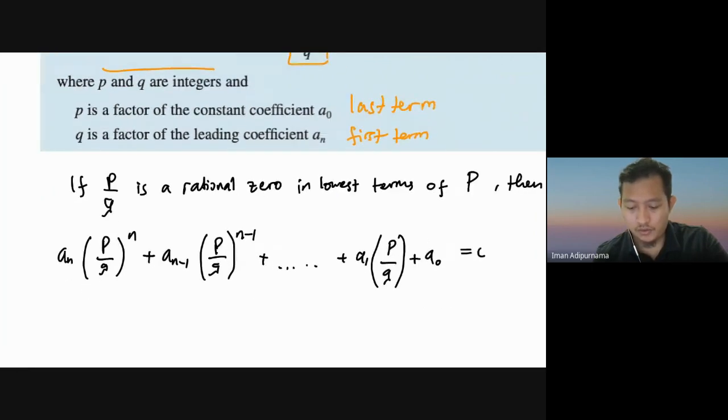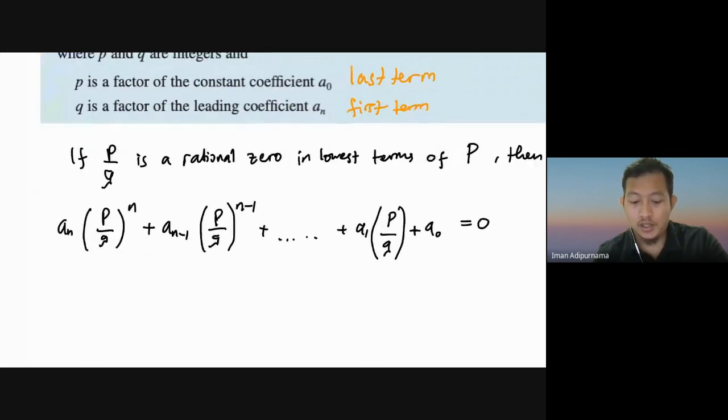And this should be 0, because we say p over q is a rational zero.